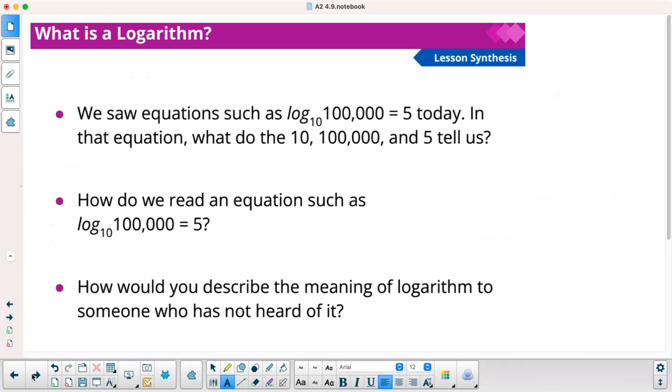All right, so we saw equations such as log base 10 of 100,000 equals 5 today. In that equation, what does the 10, 100,000, and 5 tell us? So obviously the 10 is my base. This is my exponent or my power.